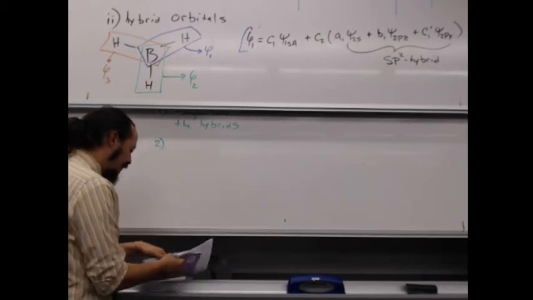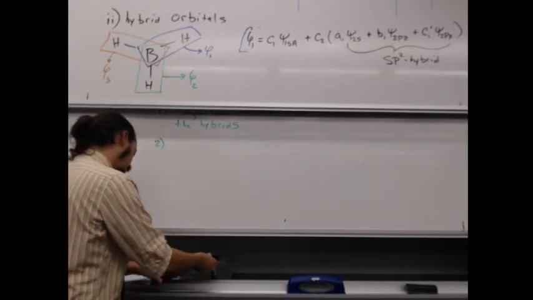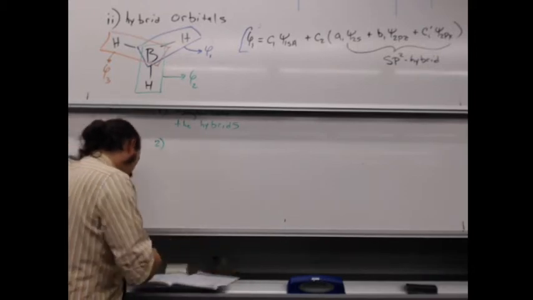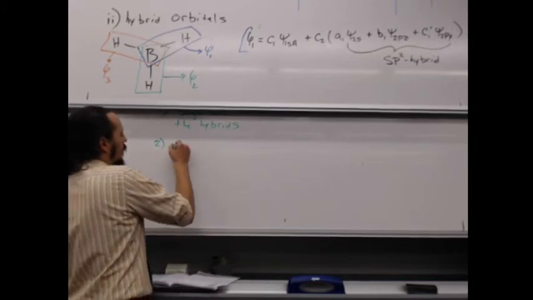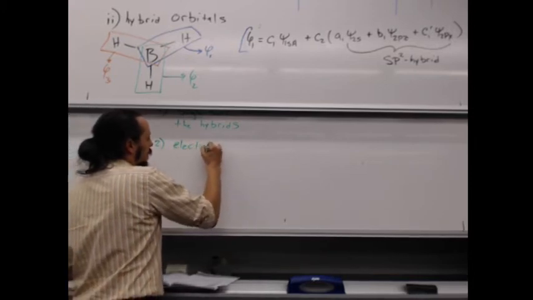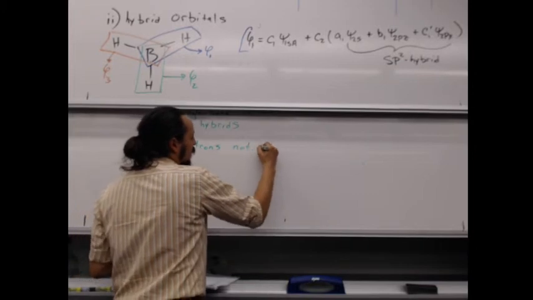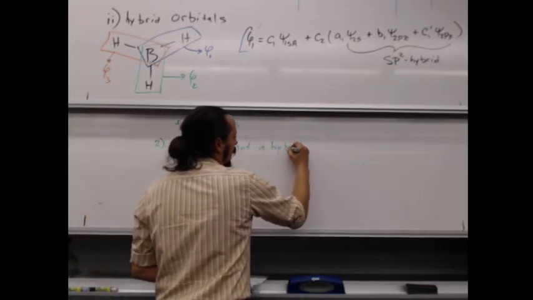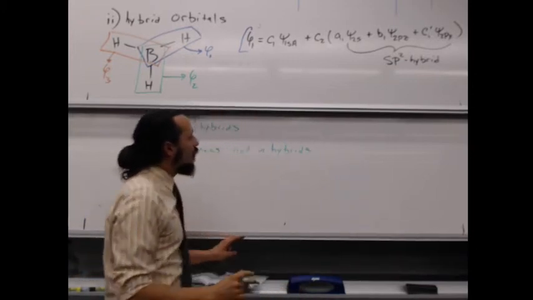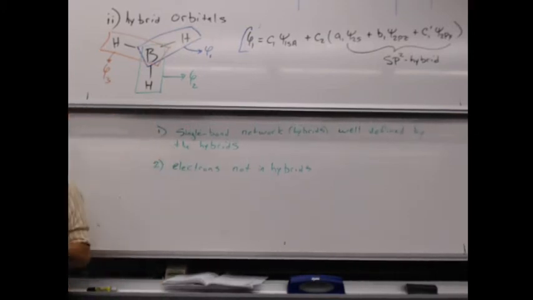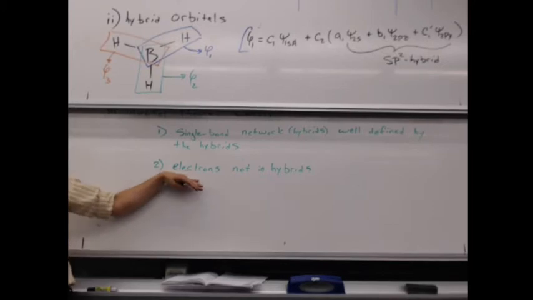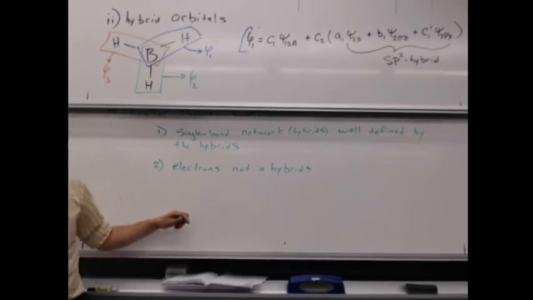Second thing we have to assume is essentially this single bonded network is going to create some electrostatic interaction. So this is an approximation to the Hamiltonian.